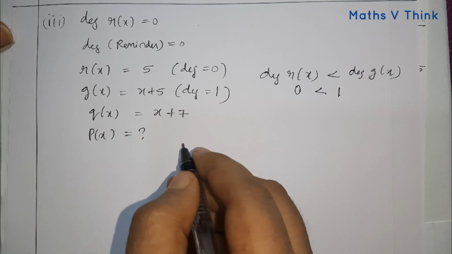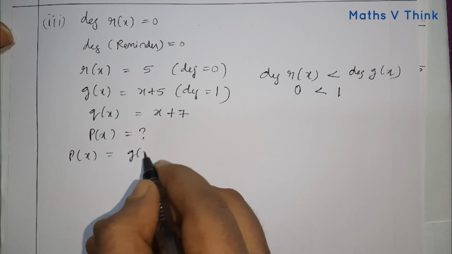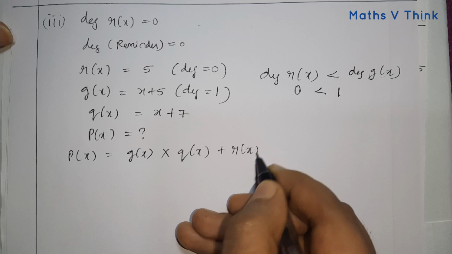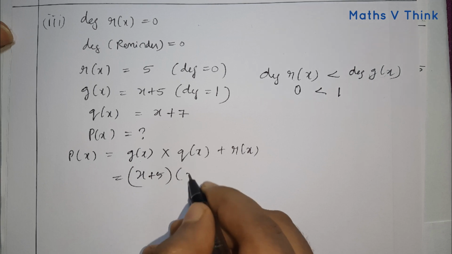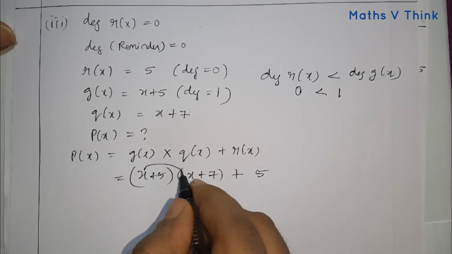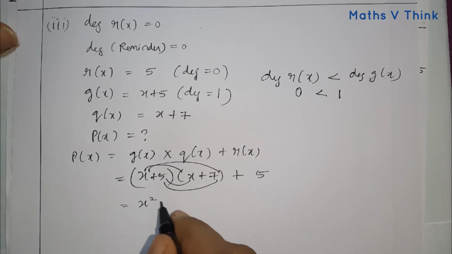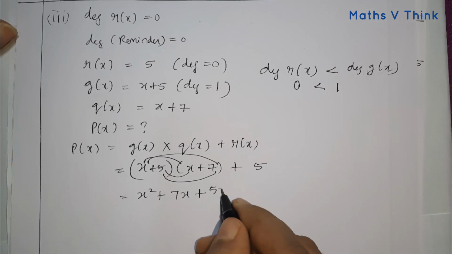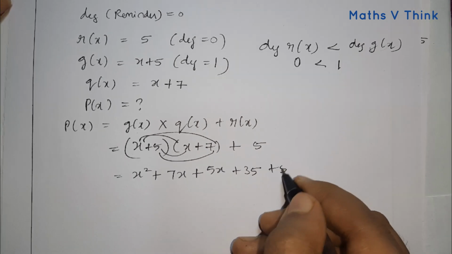Just substitute in the division algorithm, we'll get p of x. So p of x is equal to g of x into q of x plus r of x. So substituting, g of x is x plus 5, q of x is x plus 7 and r of x is 5. So multiplying and opening the bracket, x into x is x square plus x into 7 is 7x plus 5 into x is 5x plus 7 5s are 35 plus 5.